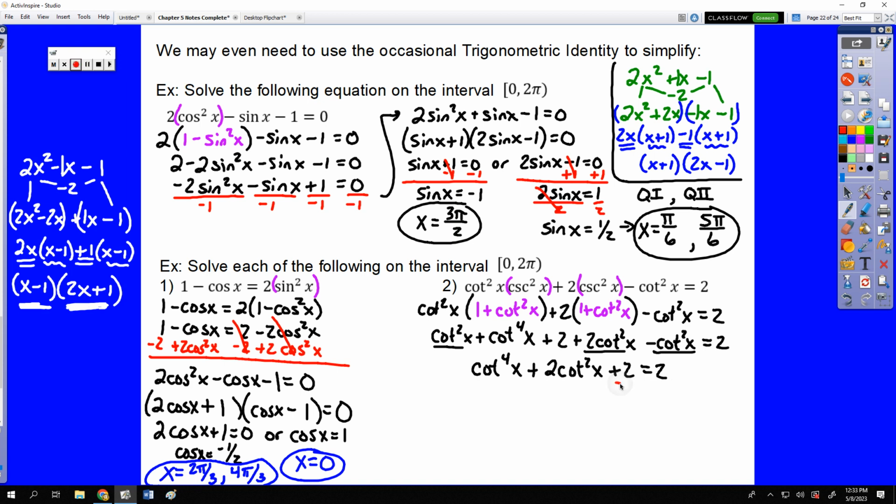Now those 2's can be subtracted and they go away, leaving us with cotangent to the fourth x plus 2 cotangent squared x equals 0. We could then factor out the greatest common factor, which is cotangent squared x.